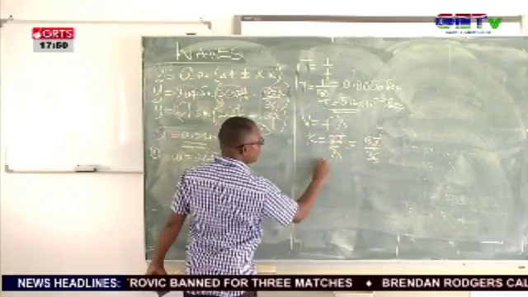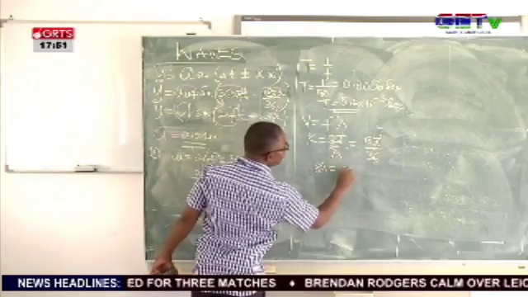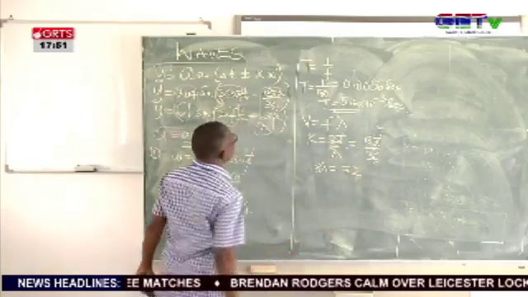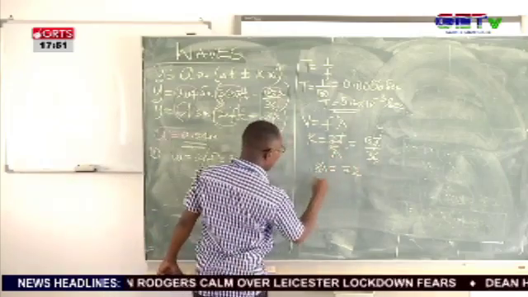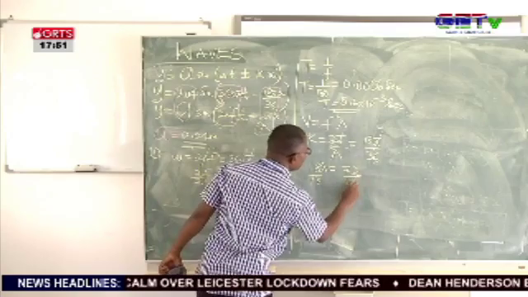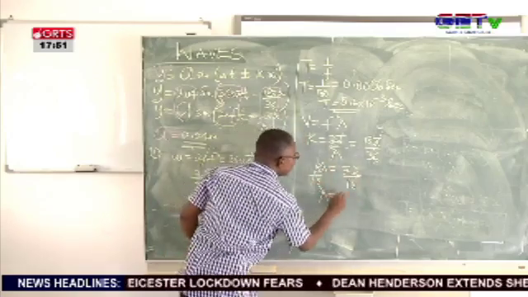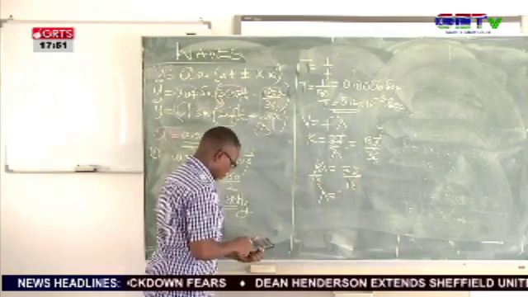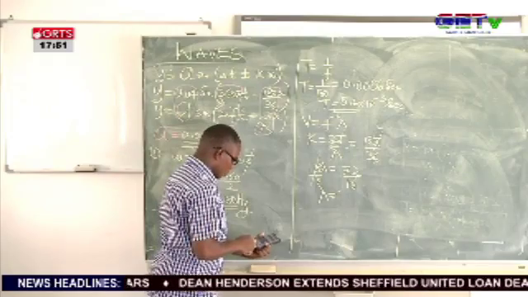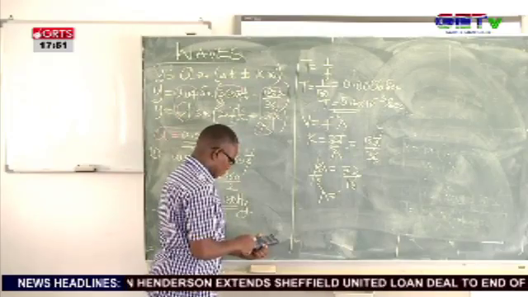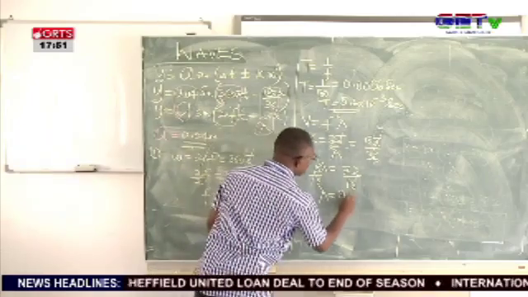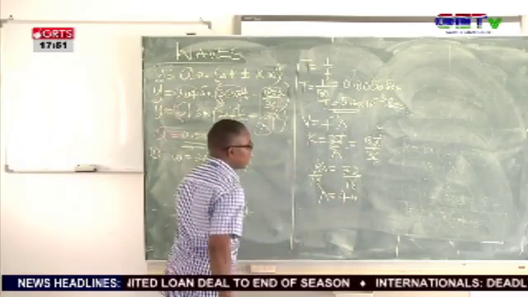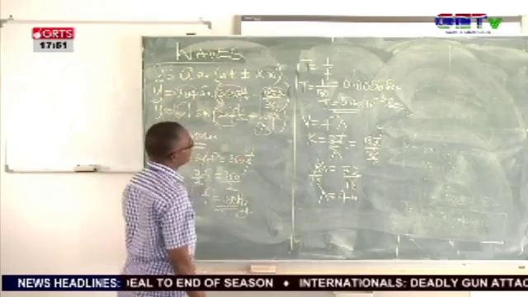So I have 18 lambda is equal to 72. So I just cross multiply from there. You see the 18 and these two will go. So lambda will give you 72 divided by 18. So you have 4 meters. So now we have lambda as 4.